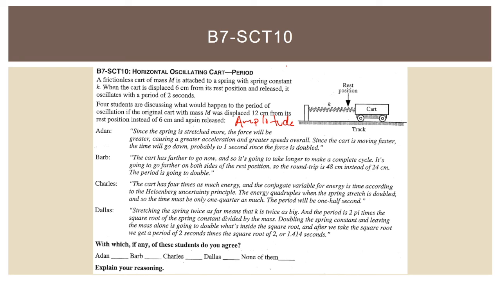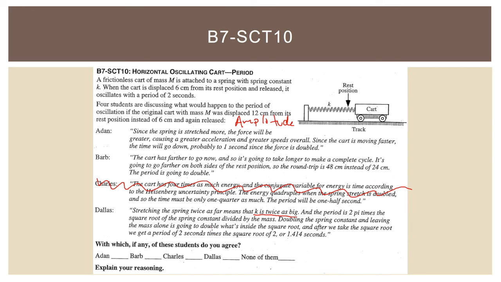Okay, so going through these claims here, as we said, Charles is wrong. And if you were listening carefully to when I read Dallas's claim, the first thing that he says is the spring constant changes when the spring is stretched more. And of course, the spring constant is correctly named because it is constant, and so it's not going to change.